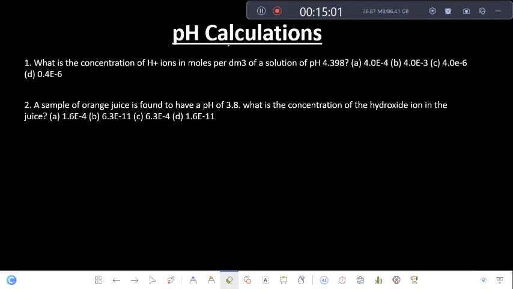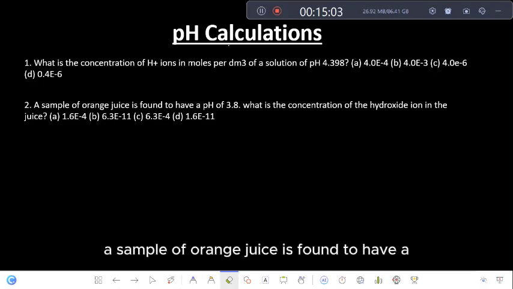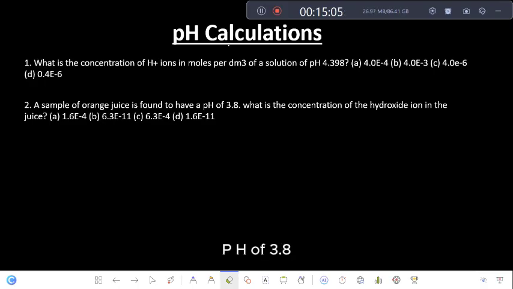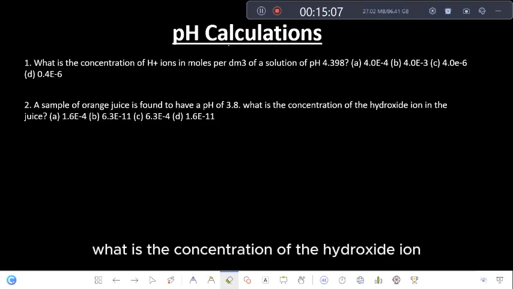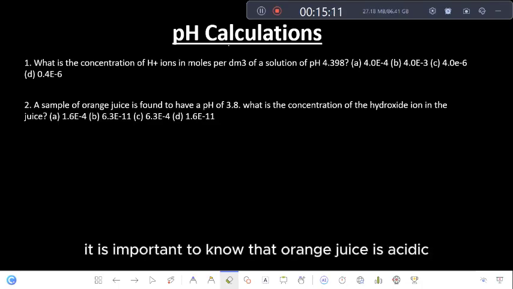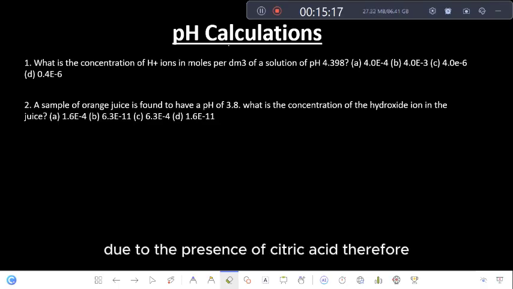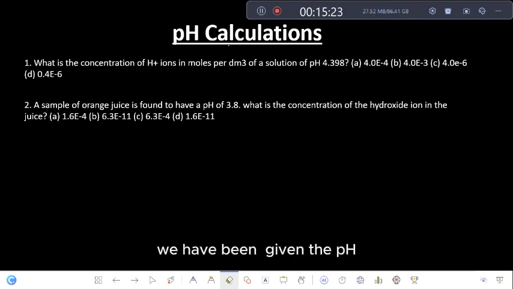Sample 2. A sample of orange juice is found to have a pH of 3.8. What is the concentration of the hydroxide ion in the juice? Please, it is important to know that orange juice is acidic due to the presence of citric acid. Therefore, we have been given the pH and we are asked to calculate the concentration of hydroxide ion, which is associated with the pOH.